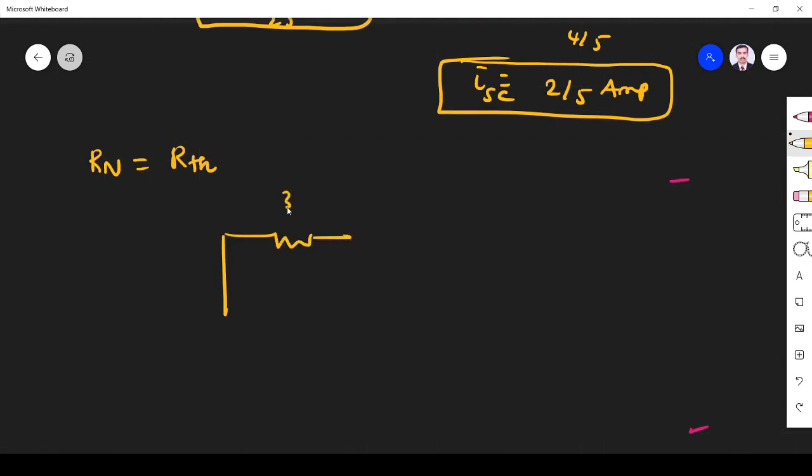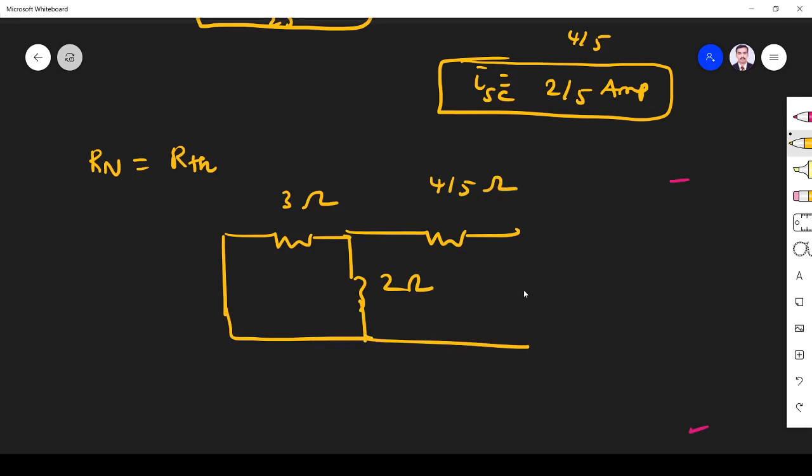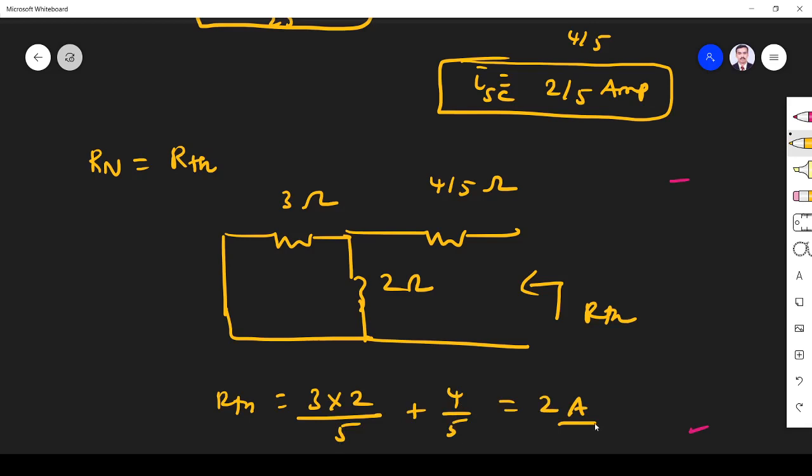Here 3 ohm, here 2 ohm, here 4 by 5 ohm, discard load. So here I have to find R Thevenin. R Thevenin is 3 into 2 by 5, plus 4 by 5: 6 plus 4, 10 by 5, that is equal to 2 ohm.